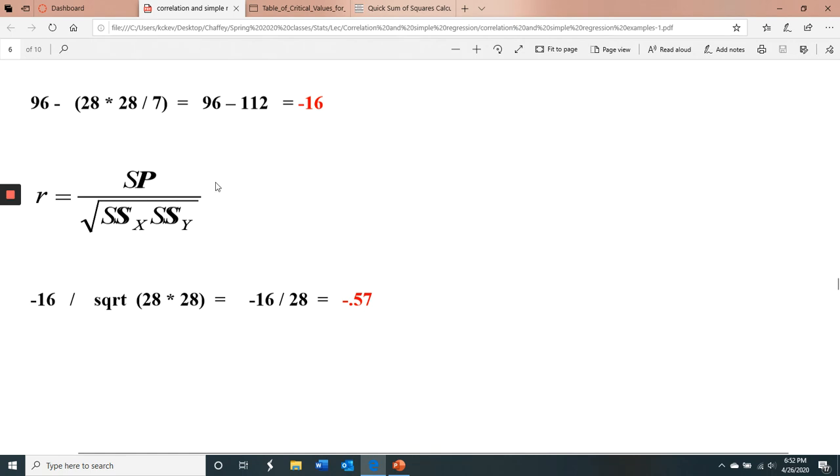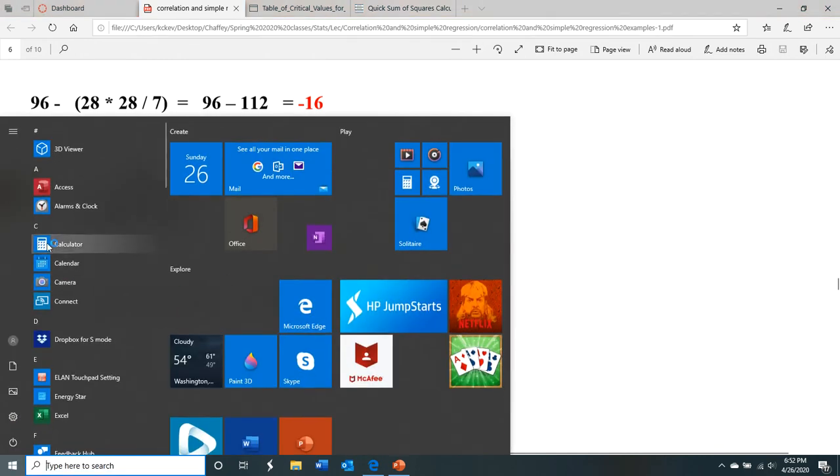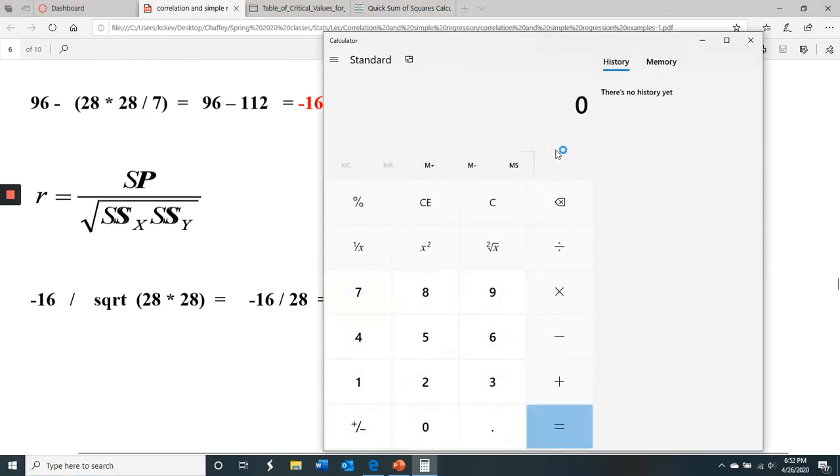So now we can do our R. R is SP divided by the square root of sum of squares x times sum of squares y. So our SP was negative 16. We calculated it just now. Then we take the square root of 28 times 28. And guess what? If you don't believe me, I'll do it for you. It's pretty easy, right? 28 times 28 equals this.